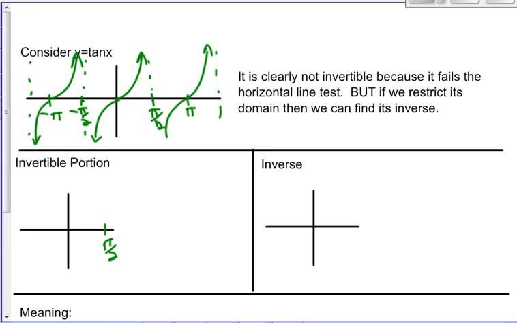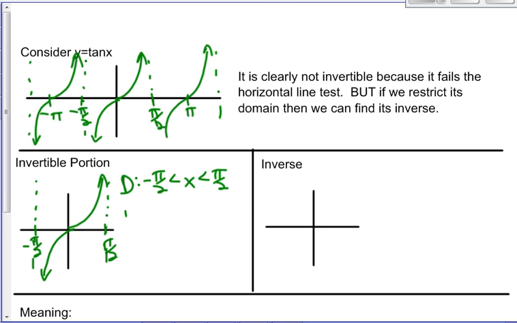You just take one cycle of the graph. And the easiest cycle to take is this one right around the origin. Okay, so it goes from -pi over 2 to pi over 2. Here, the domain doesn't include those end values because they're asymptotes. And the range is all real numbers.